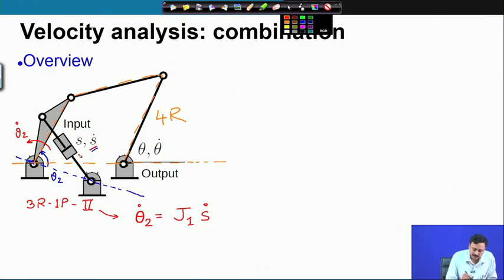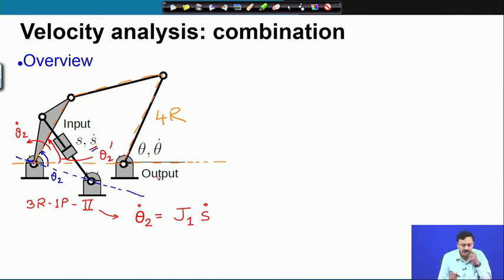So, this is the angle theta 2, let me call it theta 2 prime. This theta 2 prime is the input angle for the 4R chain.